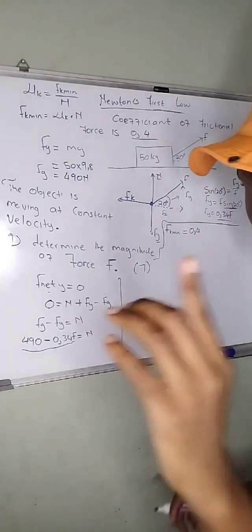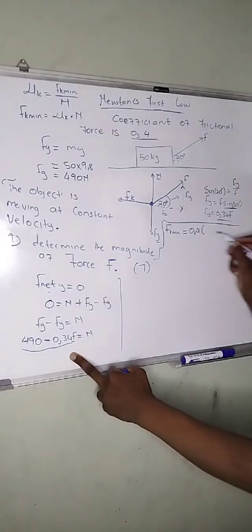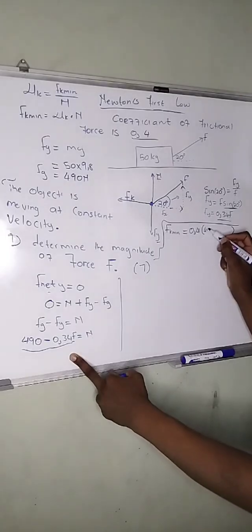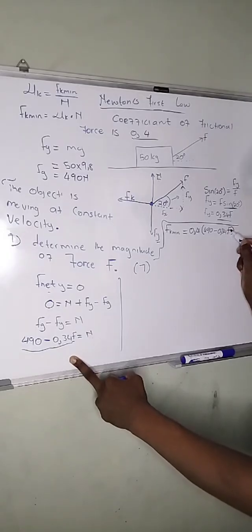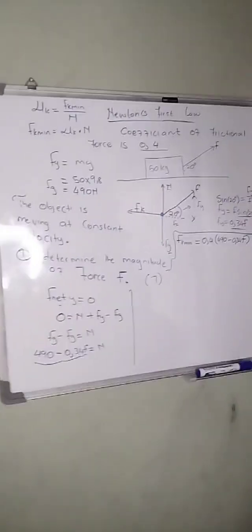I'm going to write it in terms of those guys, in brackets: 490 minus 0.34 F.